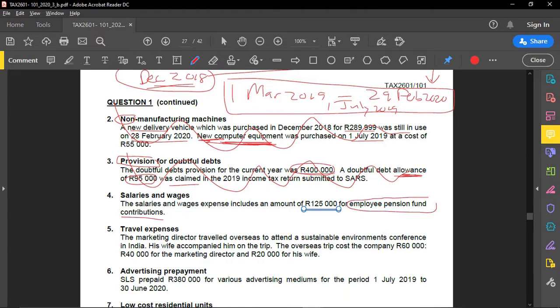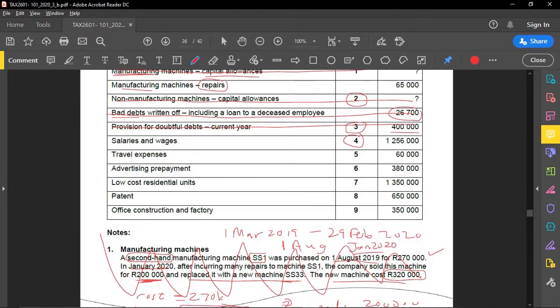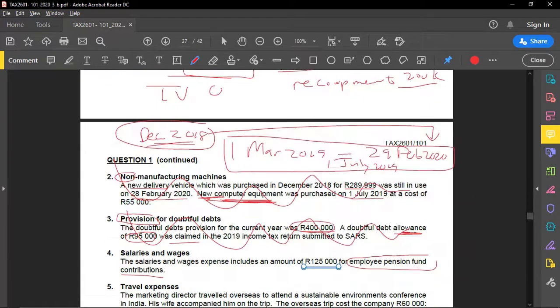So what am I looking at here? I'm looking at salaries and wages that I have paid. The payment amounts to the total here, the 1.256 million. That's the total that you have as the actual salaries and wages line item figure.